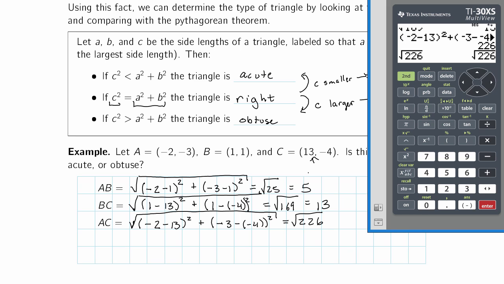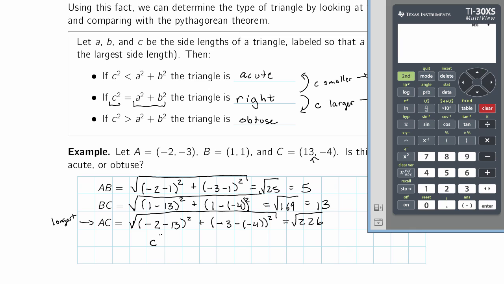Because the comparison we want to make is to take c squared and see how it compares to a squared plus b squared. Now our c is square root of 226. So we'll square that. Well, that obviously gives us 226. Our a is 5, so we'll have 5 squared here.